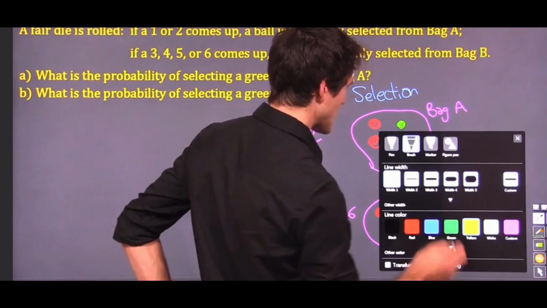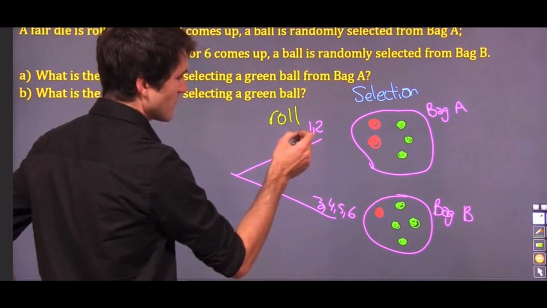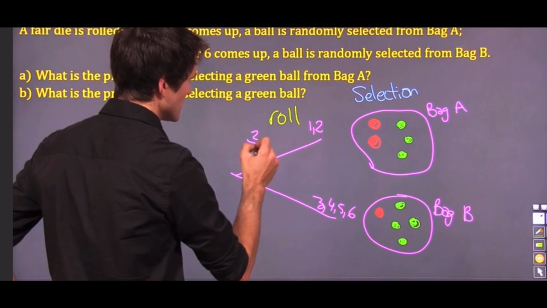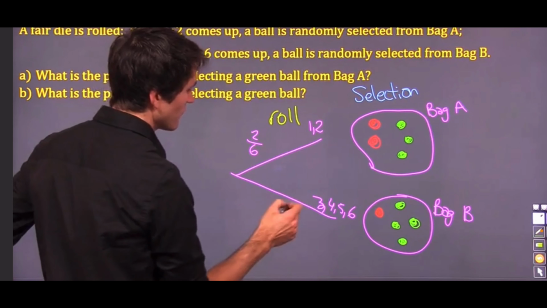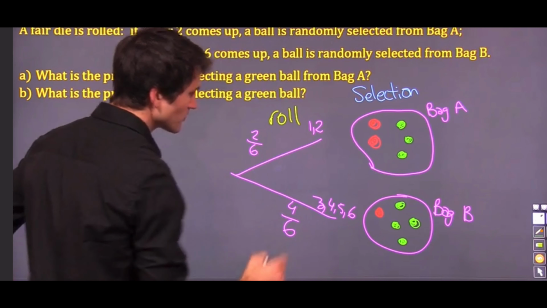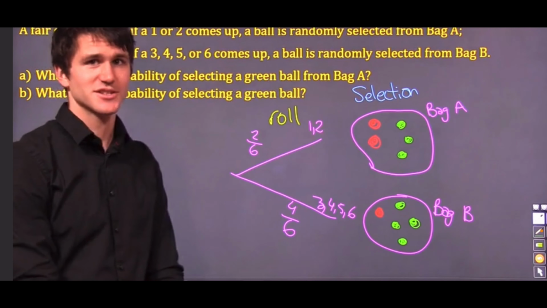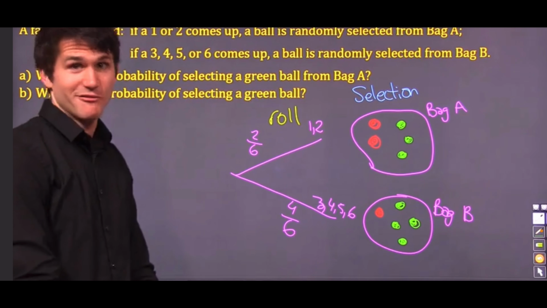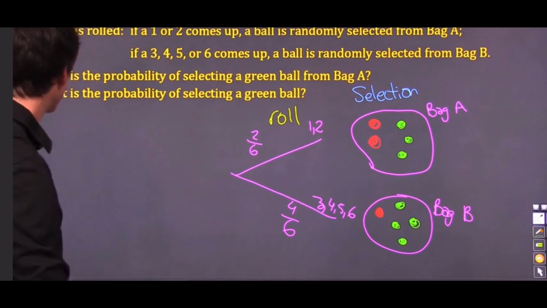And we know our rolls happen with probability: a 1 or 2 happens with probability 2 out of 6, and a 3, 4, 5, 6 happens with probability 4 out of 6. Okay, so just using that simple information, drawing a tree diagram really helps things out quite a bit. You can solve things quite a bit easier.